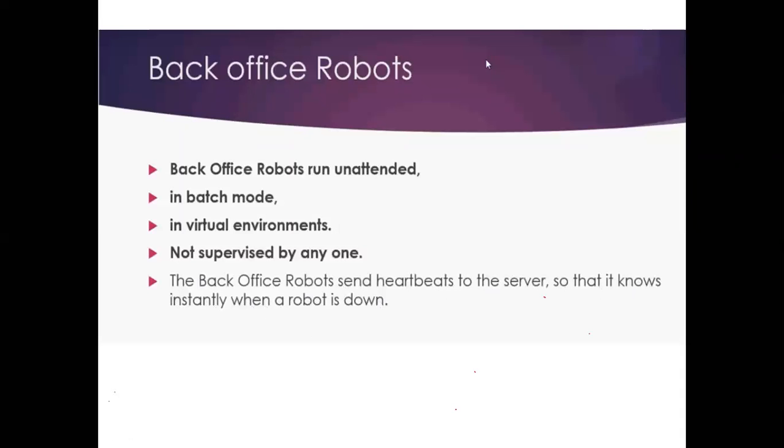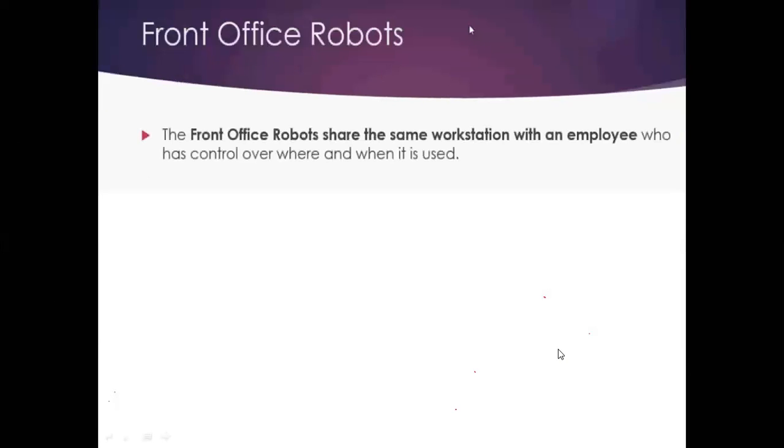During that process, maybe my bot has got stuck. So how will you come to know which bot is performing well and which bot has got stuck? All these things we are going to see from our server. We call it a control room in automation. We'll talk about that later.